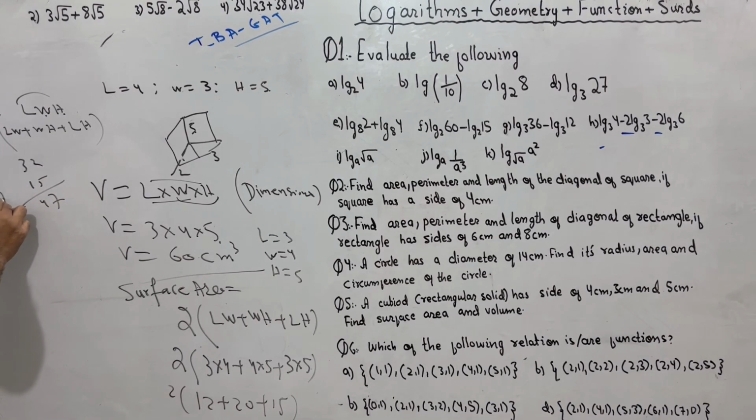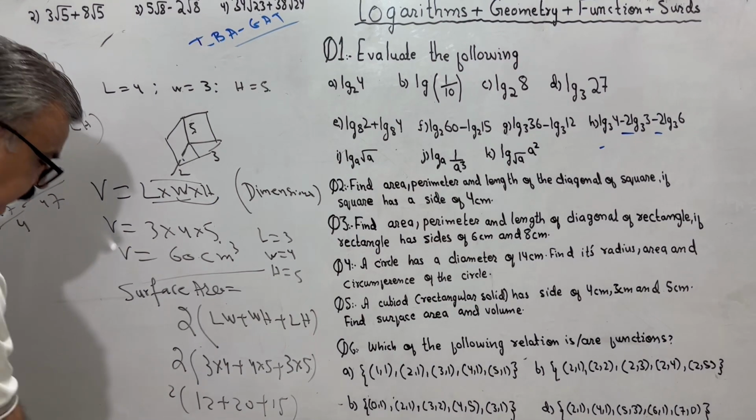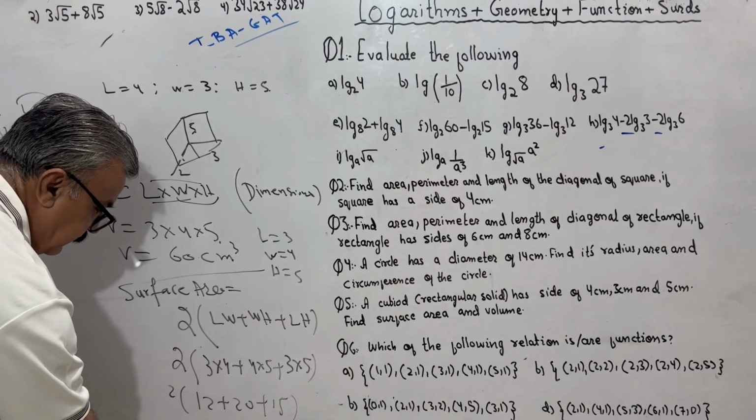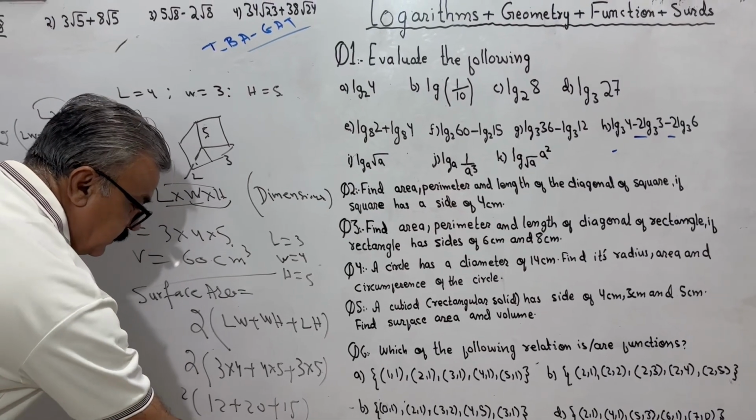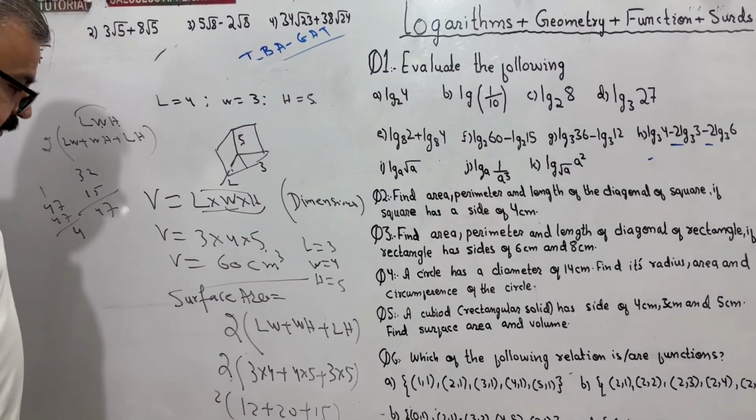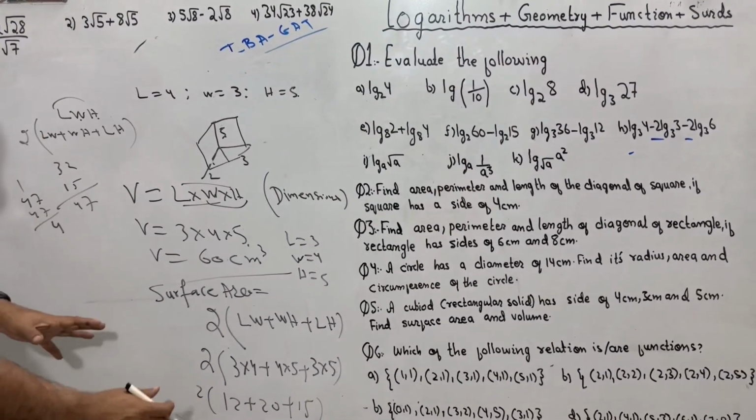Twice the 47, 47 plus 47, it will become 96. 2 times 47 means 96.